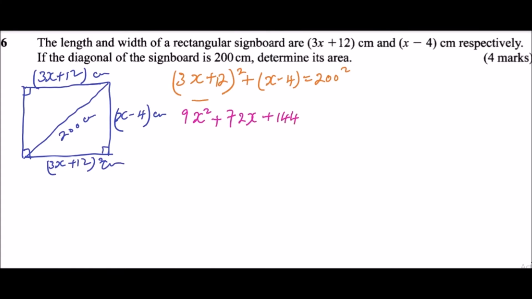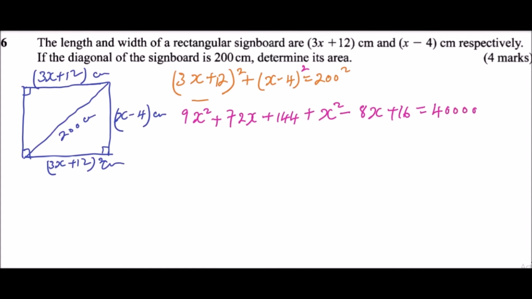You also square the other one, so plus x squared minus 8x plus 16, is equal to 200 squared, which is 40,000.